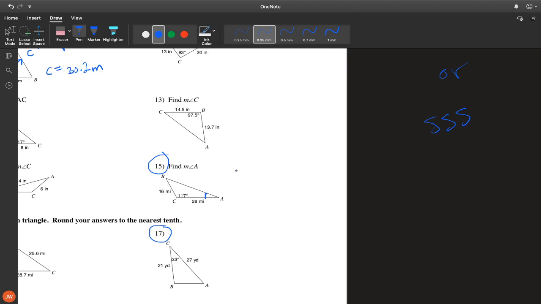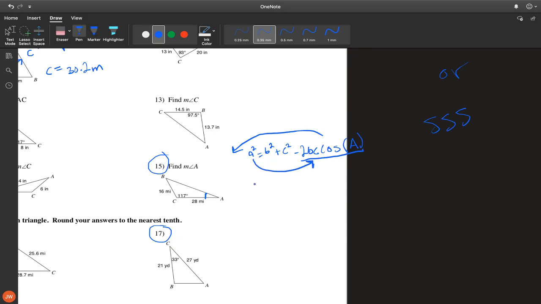So, for example, let's use the original equation, a squared equals b squared plus c squared minus 2bc cosine of angle A. If I want to rearrange this for cosine A, I'm going to move 2bc cos A over to the left side, and I'm going to move a squared over to the right side.